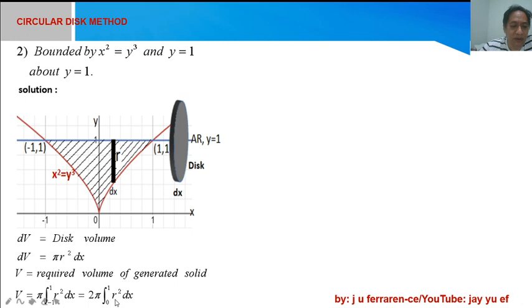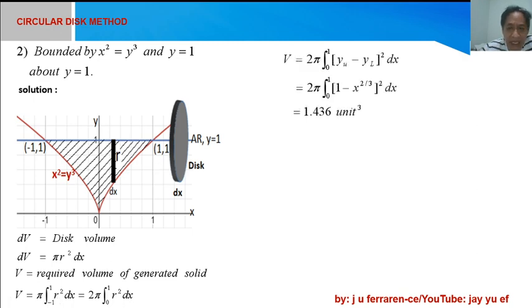Now, expressing your r in terms of x, what is our r in our figure when this is also resting vertically in between two curves? Your r there can be y at the upper minus y at the lower. Now, expressing your y in terms of x, the upper y is a constant 1, then the lower y in terms of x is from the equation.